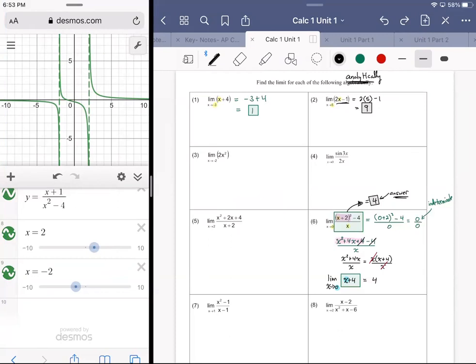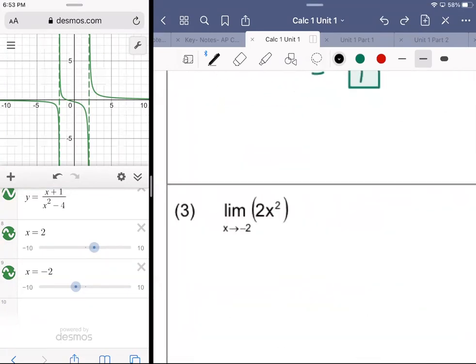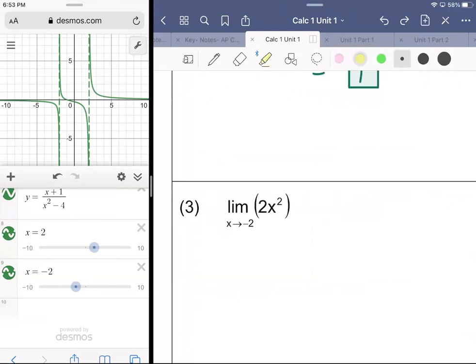All right. So if a function is everywhere continuous, the limit will exist at the y value corresponding with the given x value of that function. That's a mouthful. But what it's saying is we have this equation y equals 2x squared. This function is continuous everywhere.